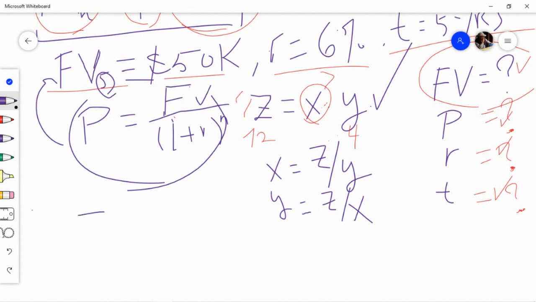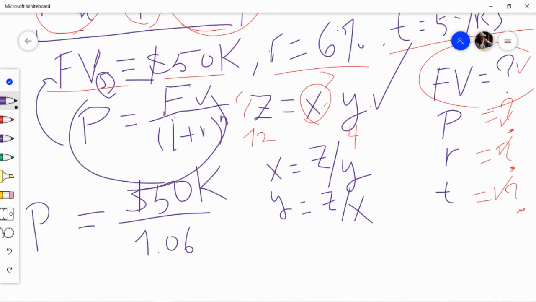So then FV is your target future value, 50K. And the interest rate is 6%, so 1.06, right? Time is what? 5 years. This thing raised to 5.